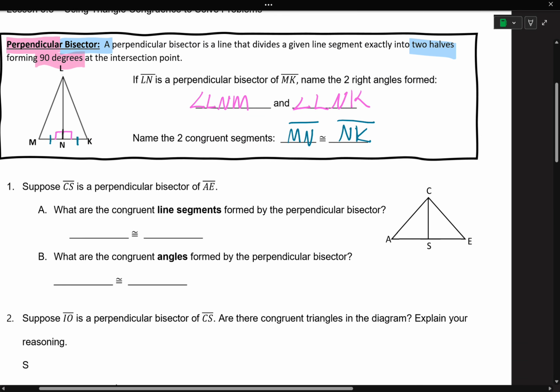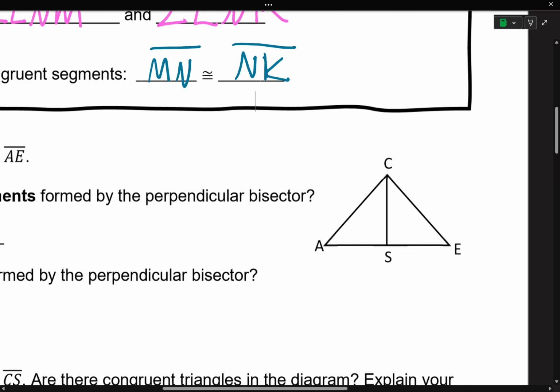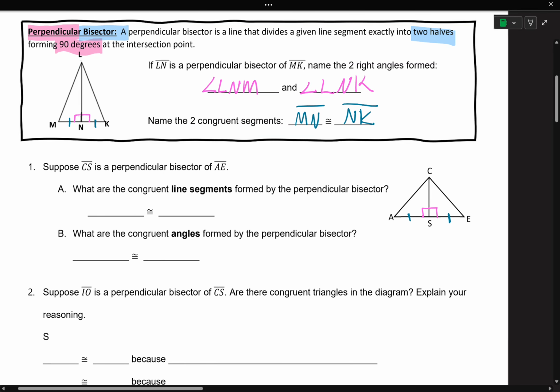In number one, we're going to suppose that CS is a perpendicular bisector of AE. Let's draw that. First, the perpendicular part. That's the 90-degree angle. The bisector part is splitting the bottom into two equal halves. So, what are the line statements?